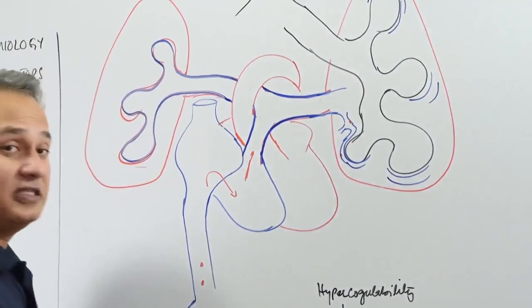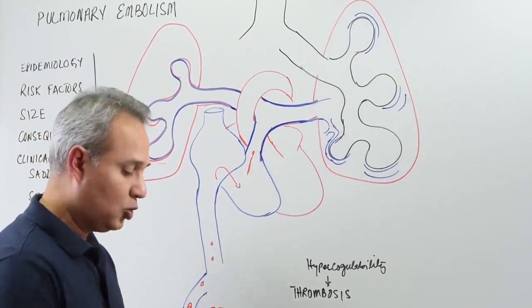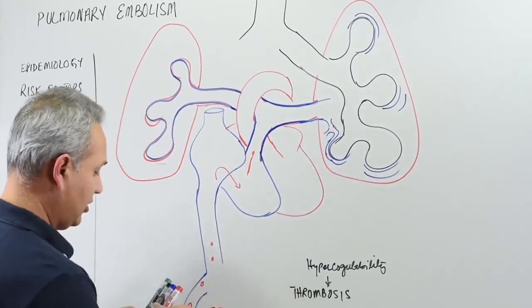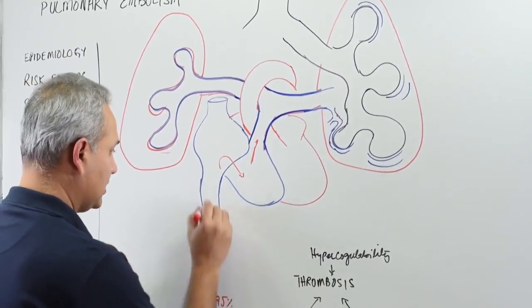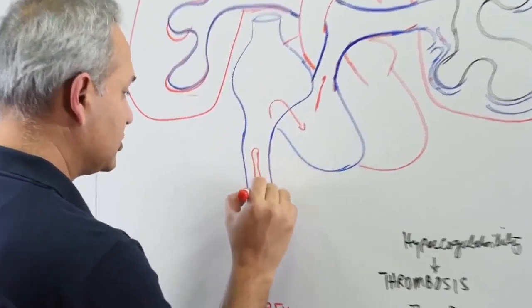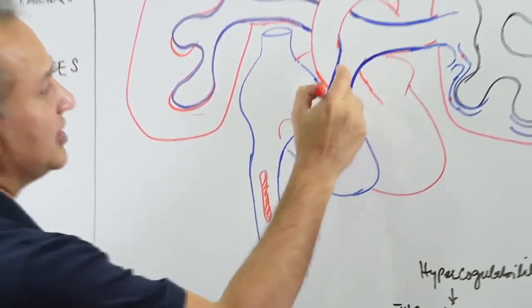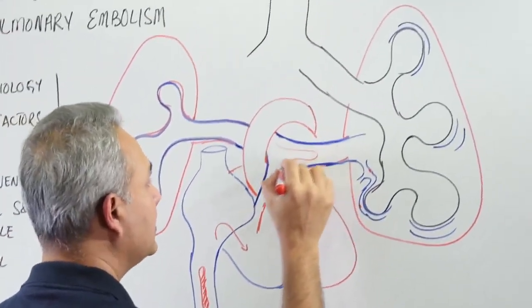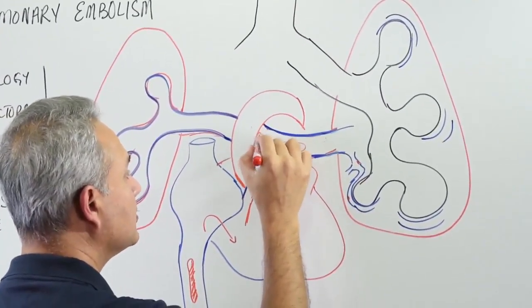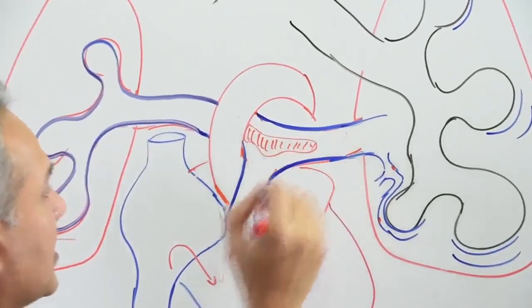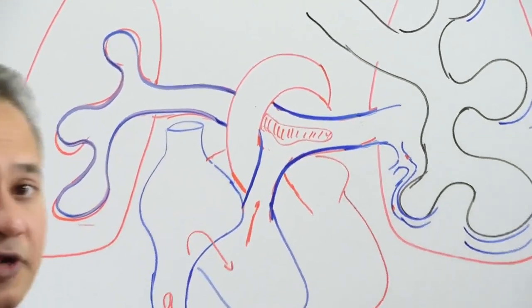Then there can be the very large size, where a big piece of this thrombus has become detached. When this piece reaches here, it is possible that it would occlude and get stuck at the bifurcation of the pulmonary arteries.